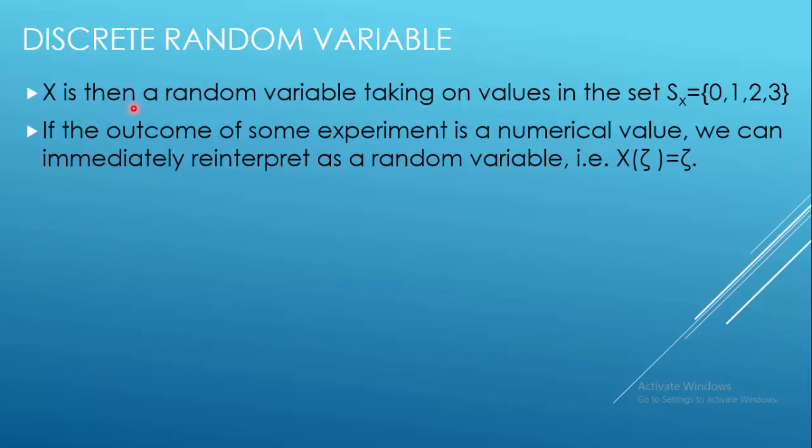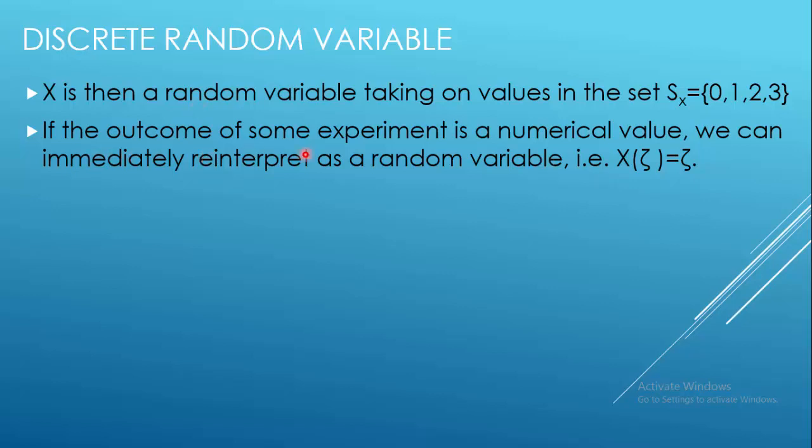So X is then a random variable taking on values in the set S_X equal to 0, 1, 2 and 3. So here either you have got 0 heads, 1 head, 2 heads or 3 heads in case of 3 tosses of a fair coin.